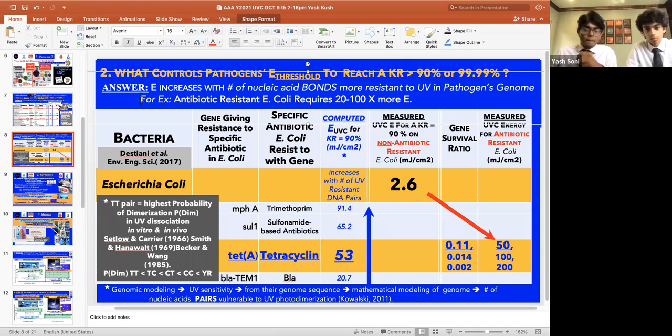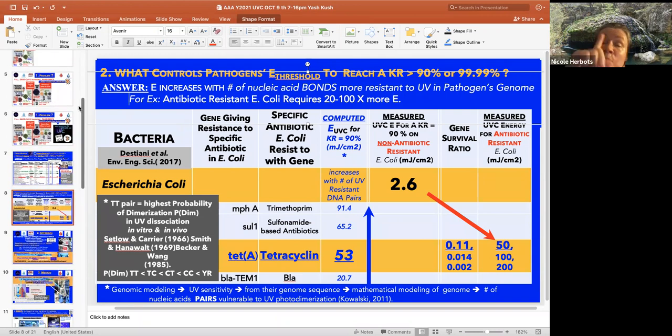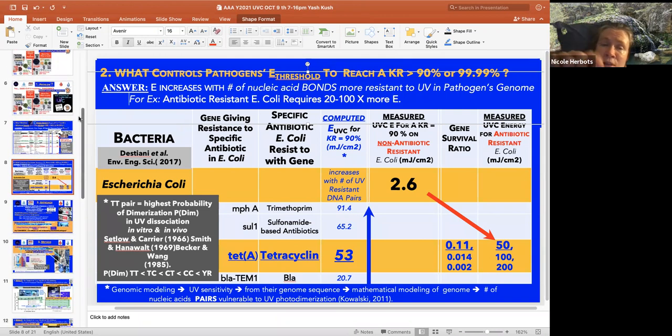So that's pretty intuitive, right? And it's been proven, and we can compute the energy and compare it to the result. We live in extraordinary times. I'm totally amazed we can do that, but we can. We can compute the UV resistance of any pathogen, provided we have the genome sequence, which is another can of worms, but we're getting good at that.